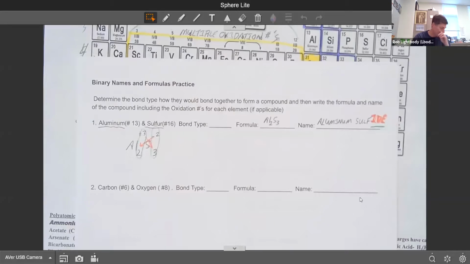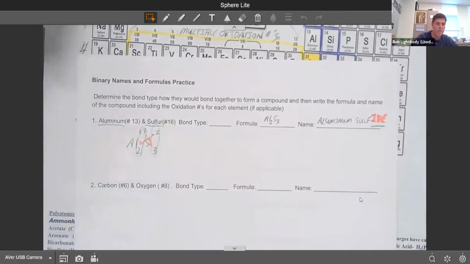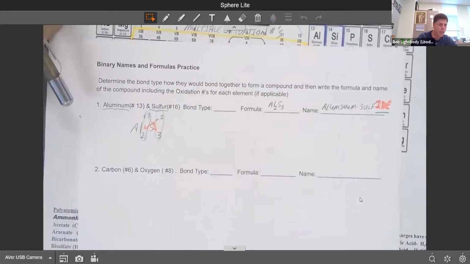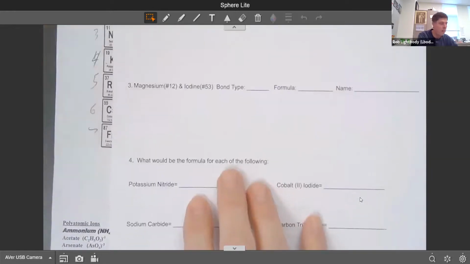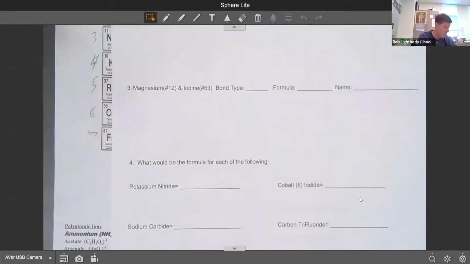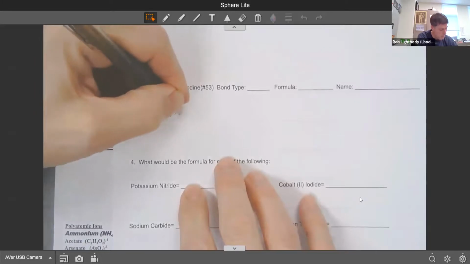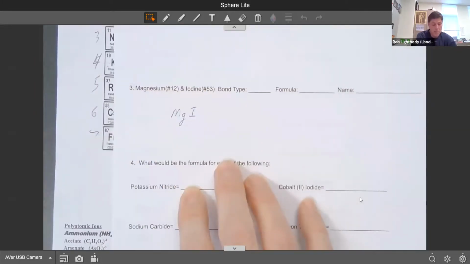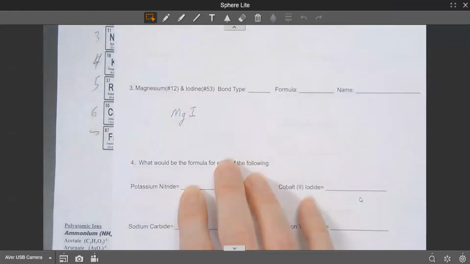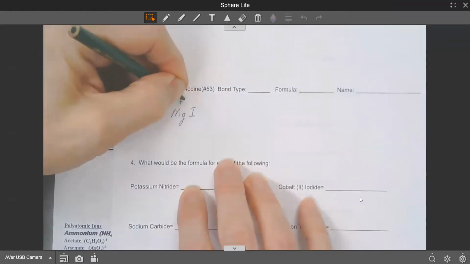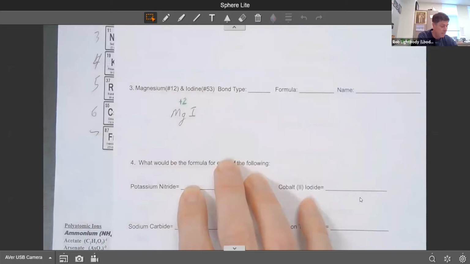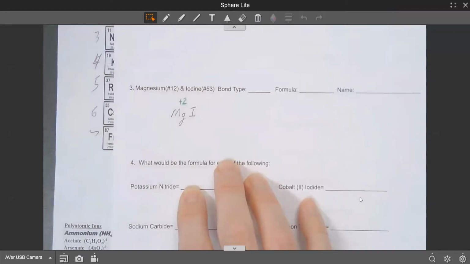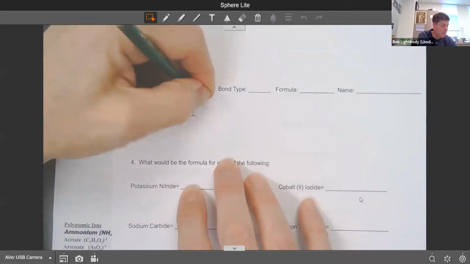Yep. So real quick, I'm going to skip number 2 for a second and go down to number 3. Go from names to formulas: magnesium and iodine. What's the charge of magnesium? +2. What's the charge of iodine? -1. It's a halogen that's one step away from the full octet.